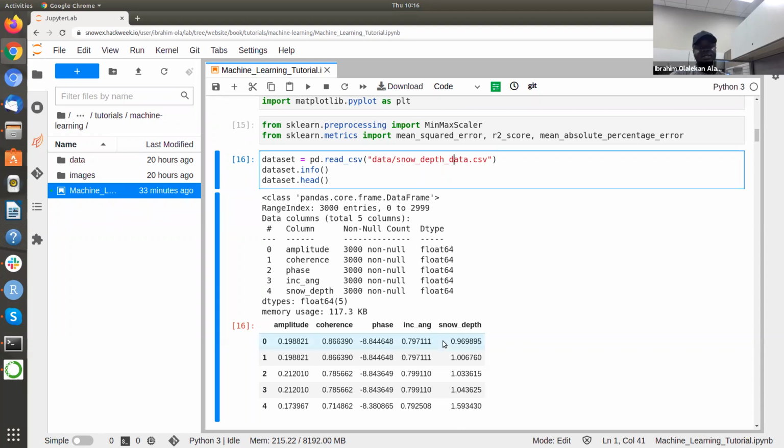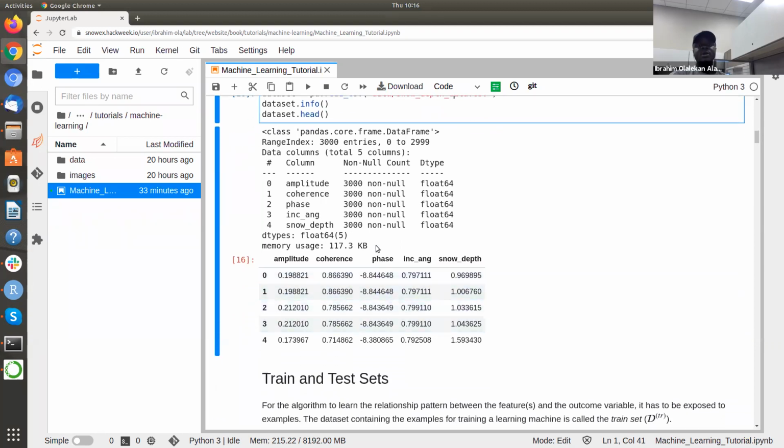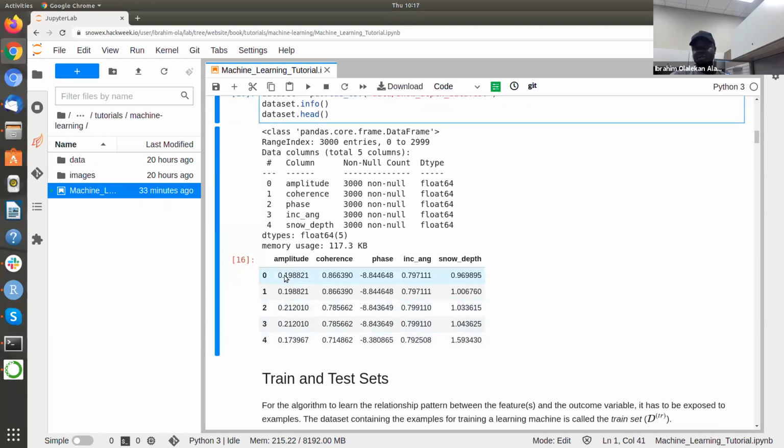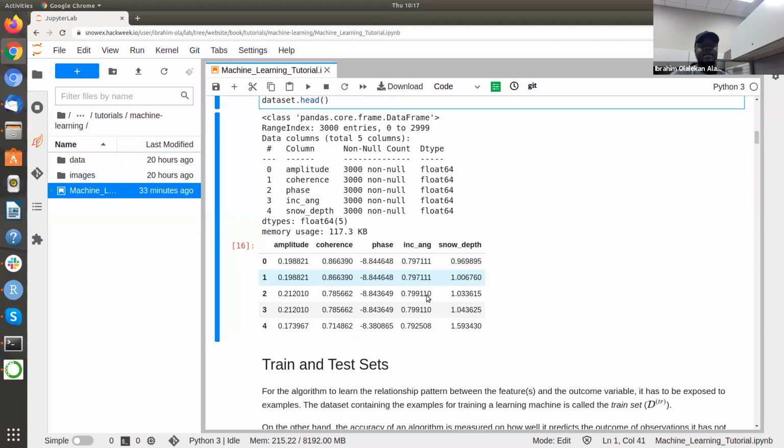Float means the values are decimals. And then this dataset.head gives me this information. This is just the first 5 observations in my dataset. This is useful because we have a sense as to what the observations look like.